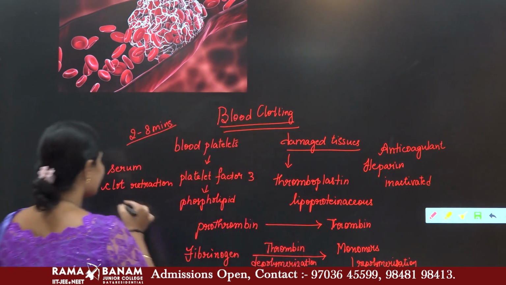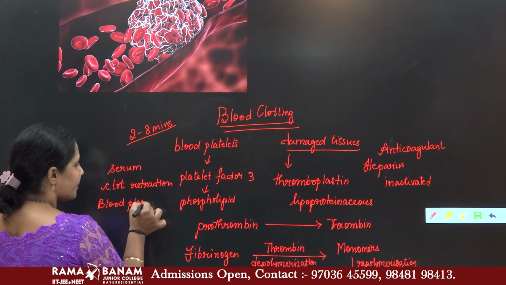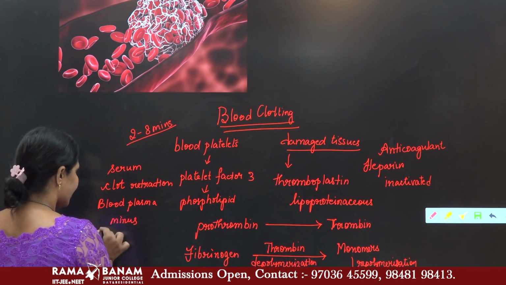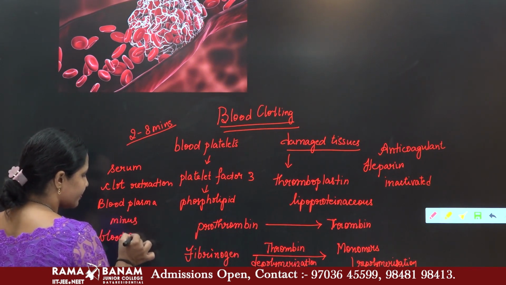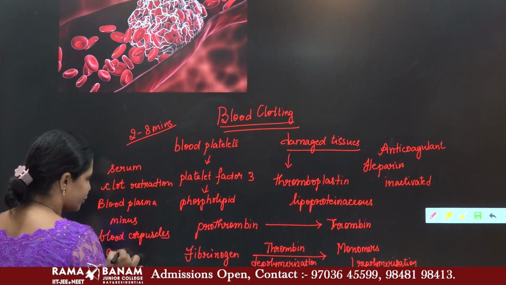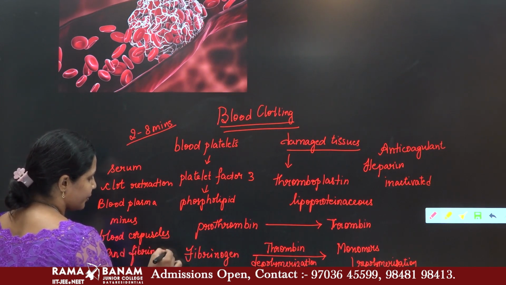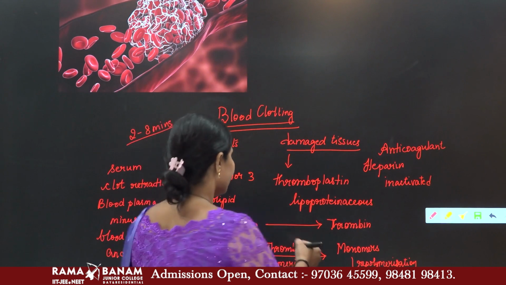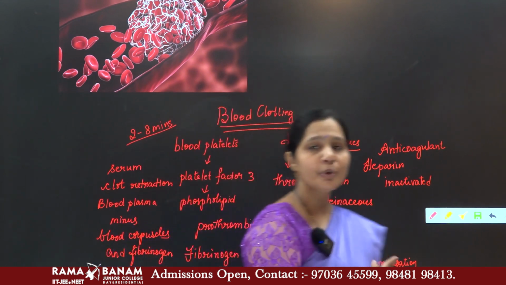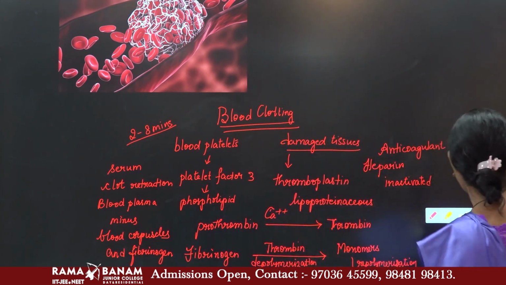Serum is nothing but blood plasma minus blood corpuscles and fibrinogen. This is in the presence of calcium. So, this entire process takes place helping the blood clotting.